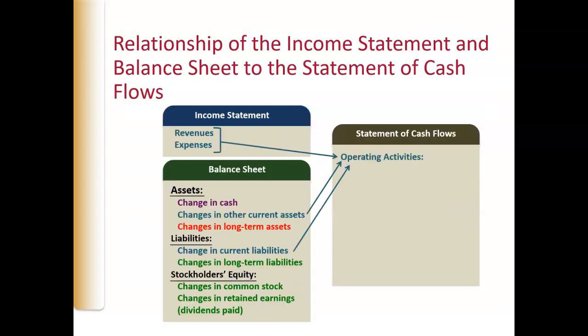Know that we're going to take information regarding the income statement, the revenues and expenses, and off of the balance sheet, we are going to take, for the assets, changes in other current assets and changes in current liabilities. And I'll tell you about it in a minute. But we're going to take those items to help us complete the statement, the section of operating activities.